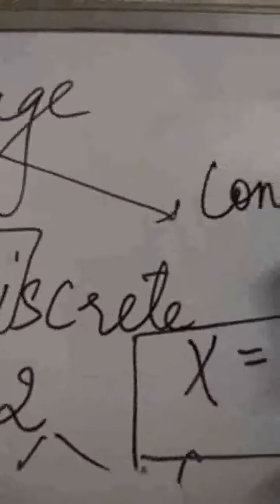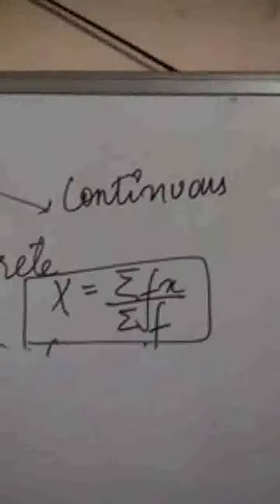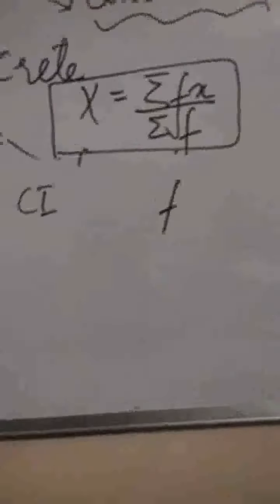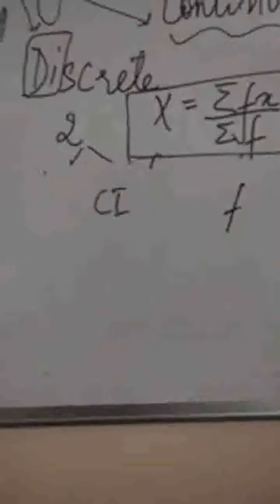The third type of questions is the series which is available, that is continuous series. Now continuous series here means something which is in continuation. So you might have seen that the information available is like this: some class intervals are given and then the frequency is given.